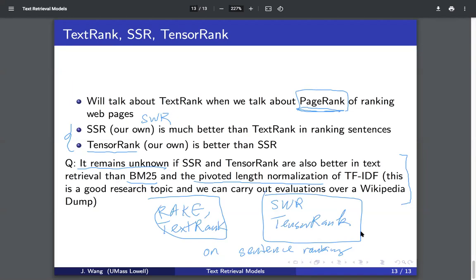For the evaluation, you can use Wikipedia as your corpus of text documents, or you can search for some kind of labeled data for evaluation. Then you use these methods to come up with scores for each word with the underlying document, and compare with the query words to see whether this comes out better.